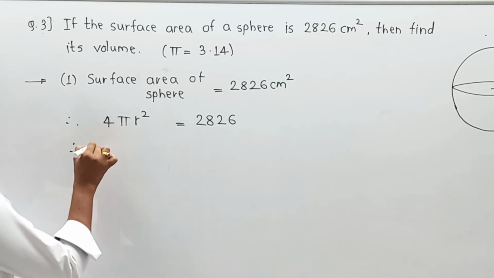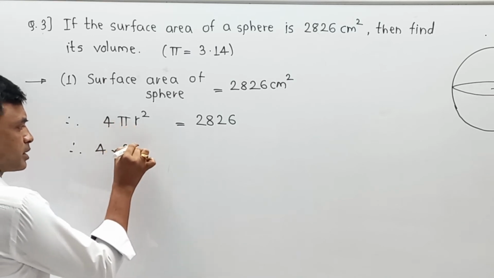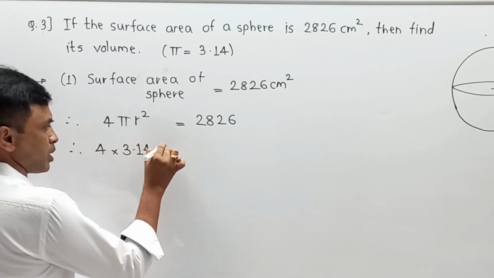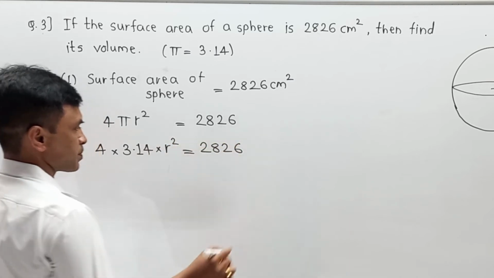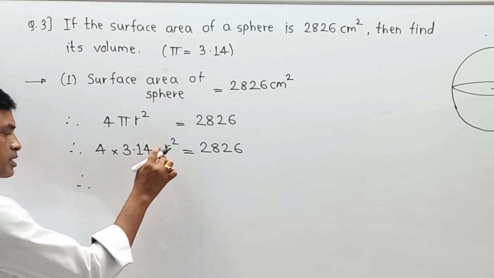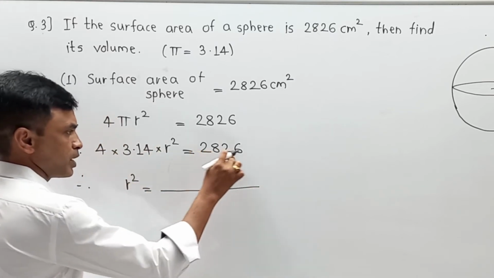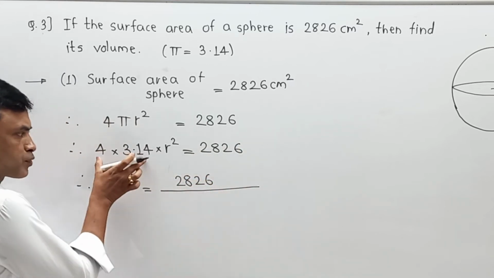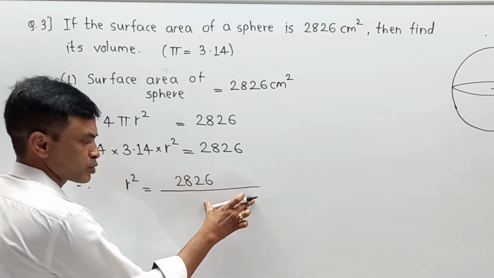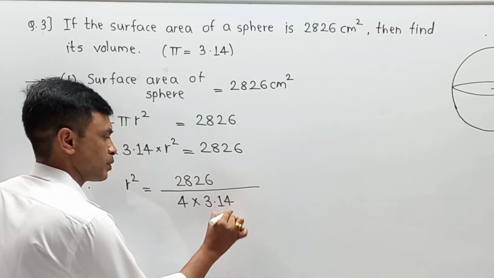So making calculation, 4 into value of pi, as per their condition it is 3.14 into r square is equal to 2826. Naturally r square is equal to 2826 divided by 4 into 3.14, as the multiplication goes to that side as a division.